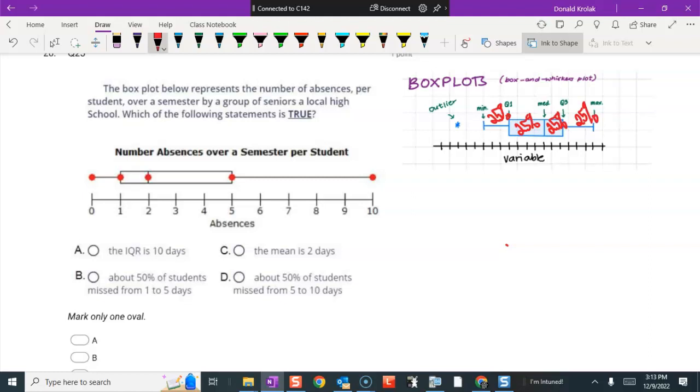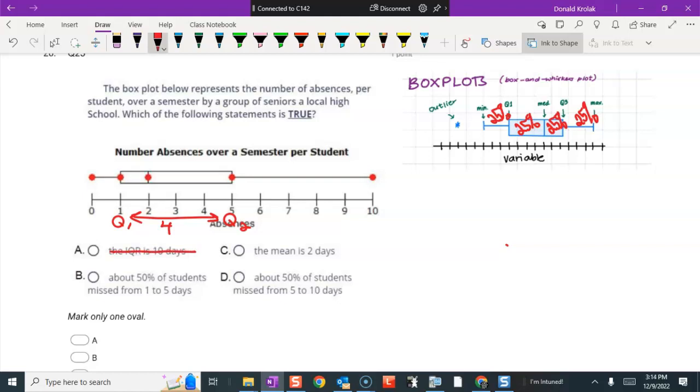The IQR is 10 days. The IQR is measured from quartile 1 to quartile 3. So this distance right here, 5 take away 1 is 4. So this is false.